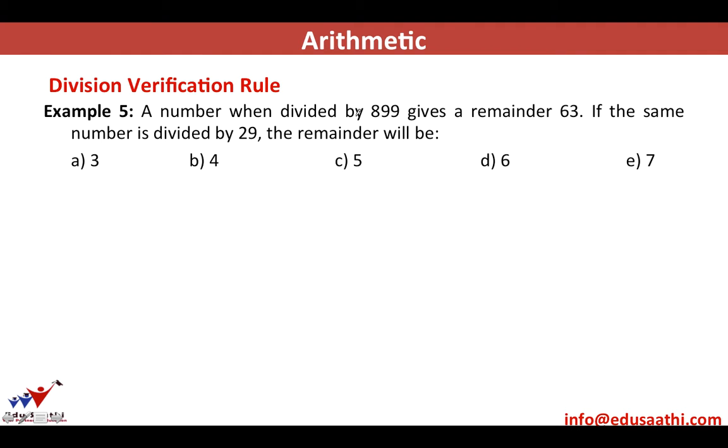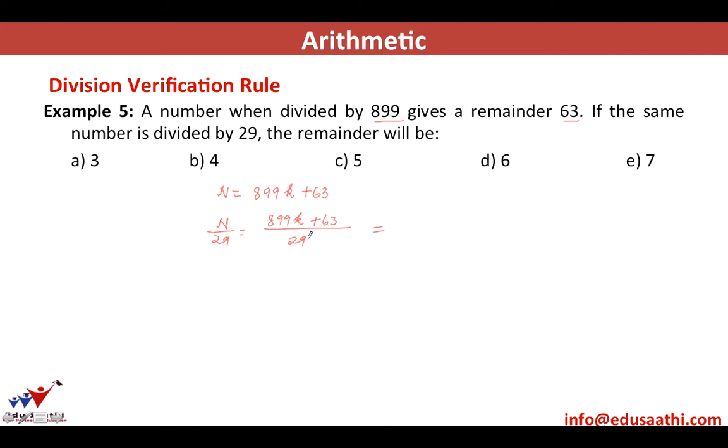A number when divided by 899 gives a remainder of 63. So the number can be written as 899 is the divisor, there must be some quotient, and there will be a remainder of 63. If the same number is divided by 29, now I am dividing this number with 29, so 899k plus 63.